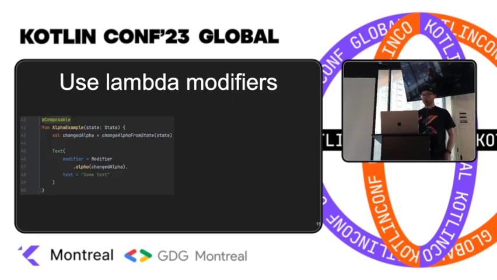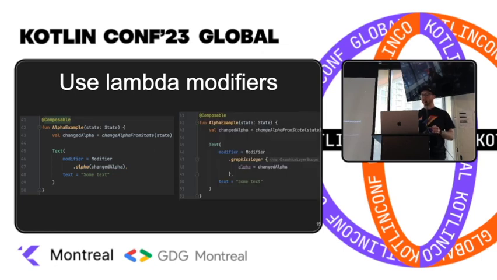Next is to use lambda modifiers. In this example, we want to change the alpha from a given state, and we use the modifier alpha to update the text. The problem with this is that modifiers with parentheses are called during composition. So you will recompose every time the alpha changes.